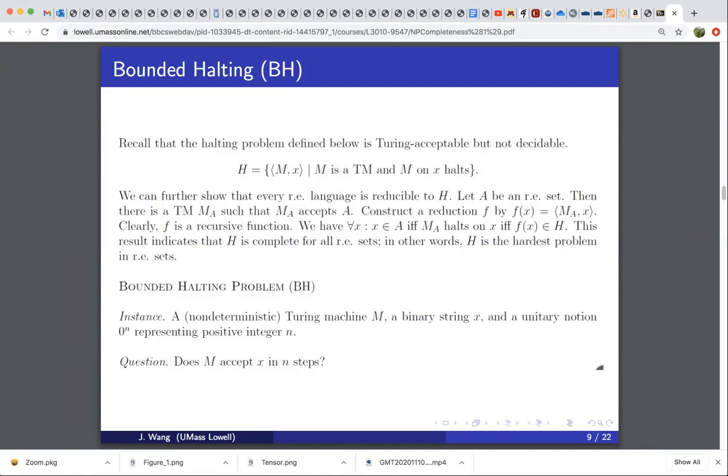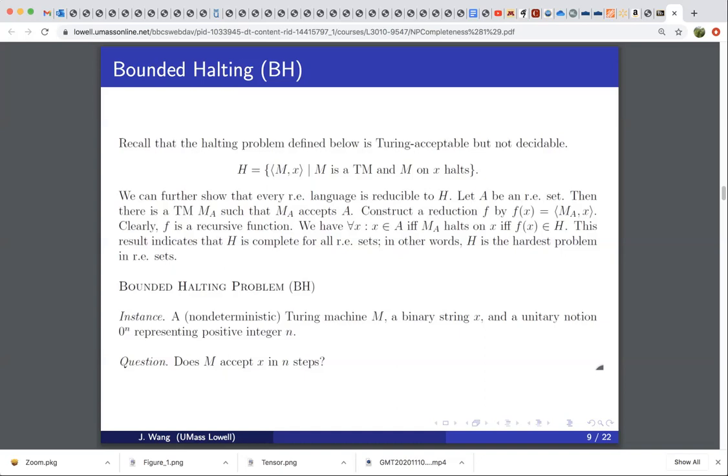That means F of X is in H. We will need to do a little bit on this MA here. We want to construct an MA prime so that on X, if it halts at an accept state, it will accept. Otherwise, it will just loop. That's what we did earlier.